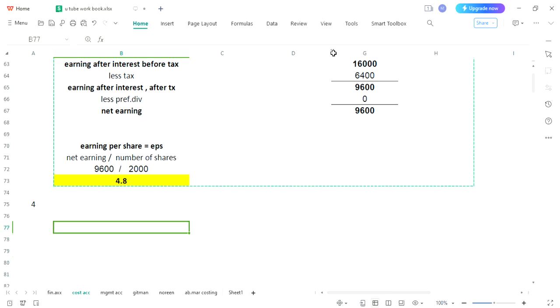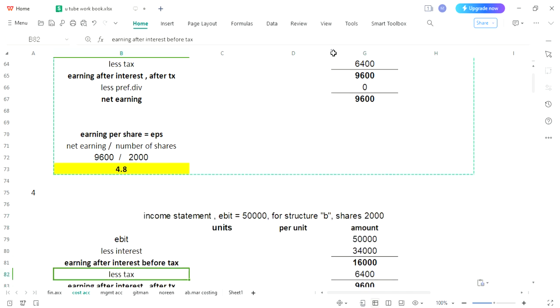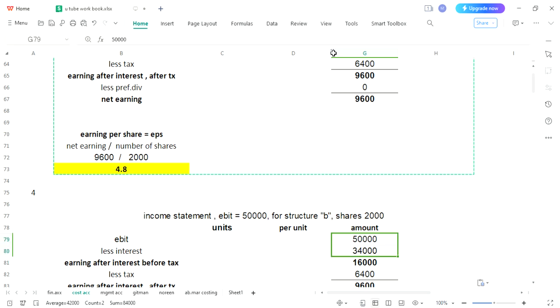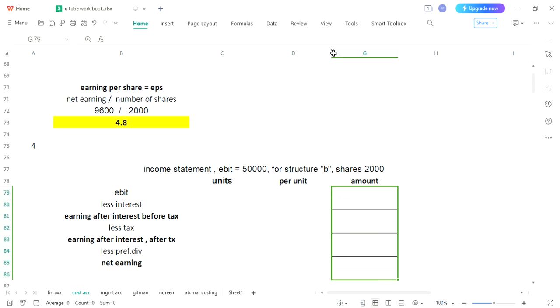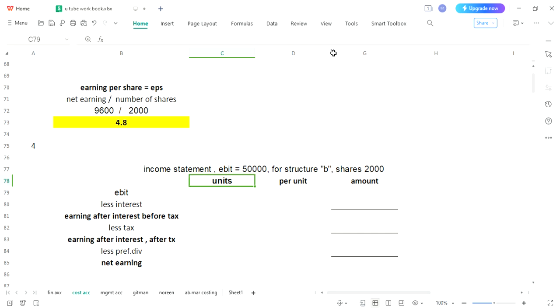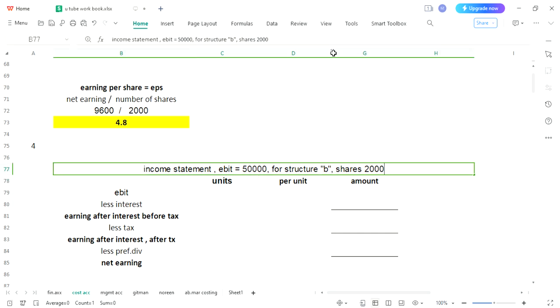Let me see if, oh great, everything has been put instantly. Okay, this is your fourth option where your second EBIT would be used. Second EBIT was 60,000. It is structure B and number of shares are 2000. It will remain same.